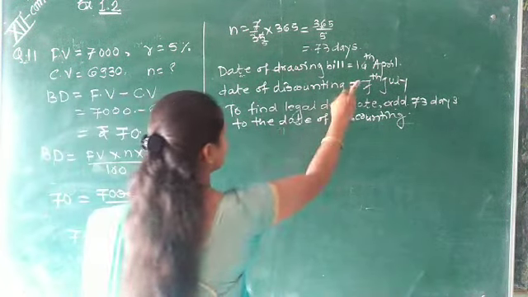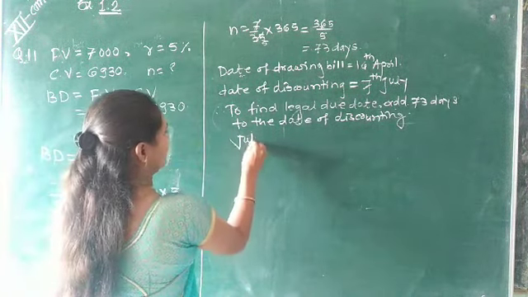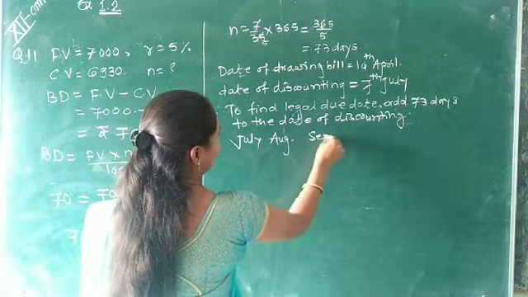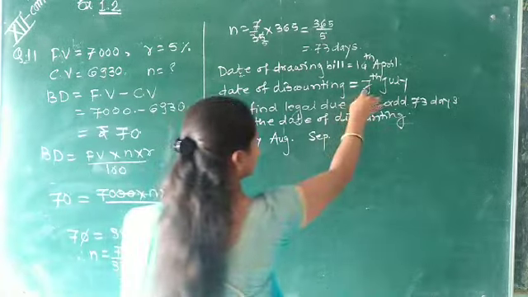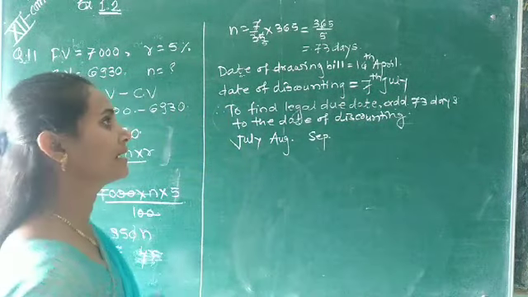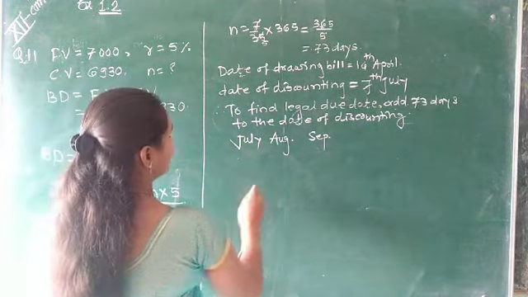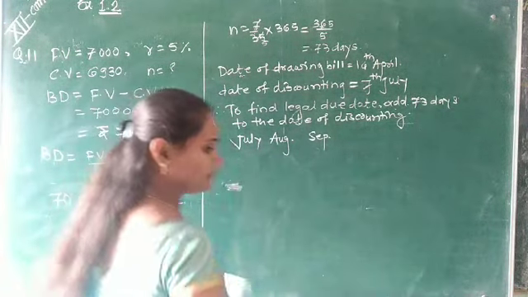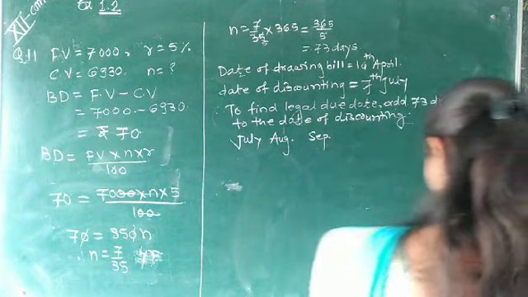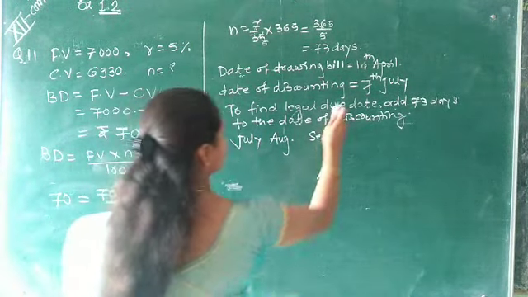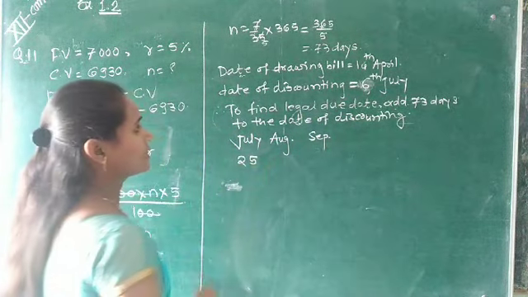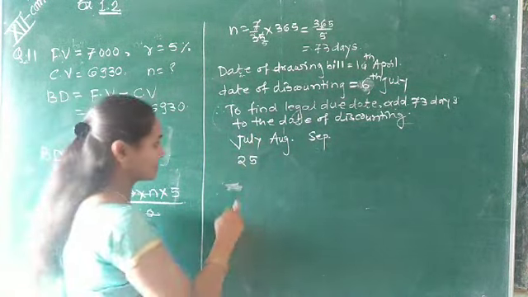मग आता डेट ऑफ डिस्काउंटिंग किती होती? जुलै. नेक्स्ट ऑगस्ट and September. Now here 6th July, so the remaining days in July are 25. 25 plus 6, hence it is 31.